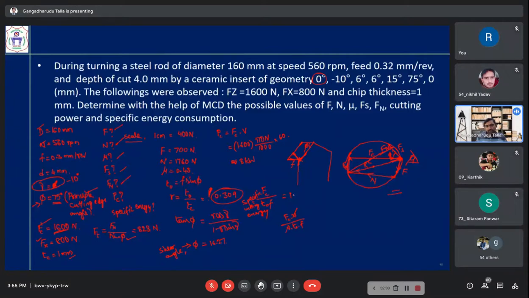FC by TO into F. It is 1250 Newton mm per mm cube. Newton meter is anyhow what? Here we are showing Newton mm per mm cube.